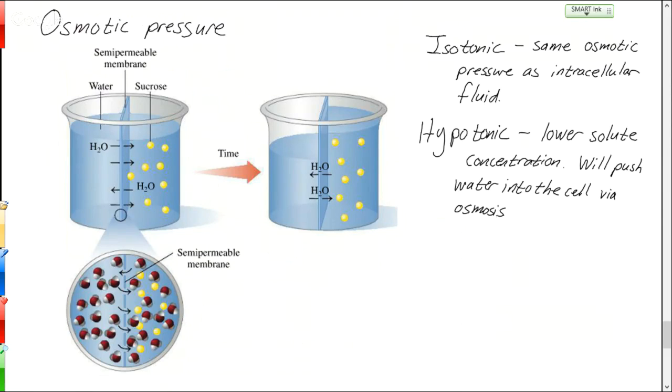One of the toughest things about this is keeping the direction of everything straight. So we're talking about the movement of water. A hypotonic solution has a lower solute concentration, but it creates a higher pressure. So a hypotonic solution has a higher osmotic pressure than an isotonic solution.